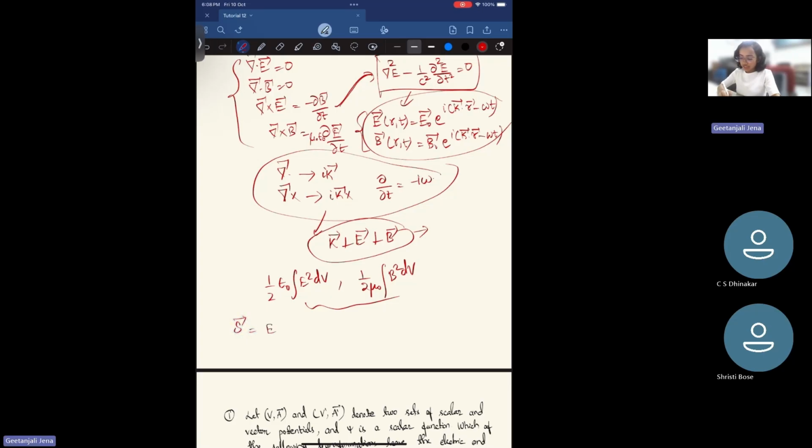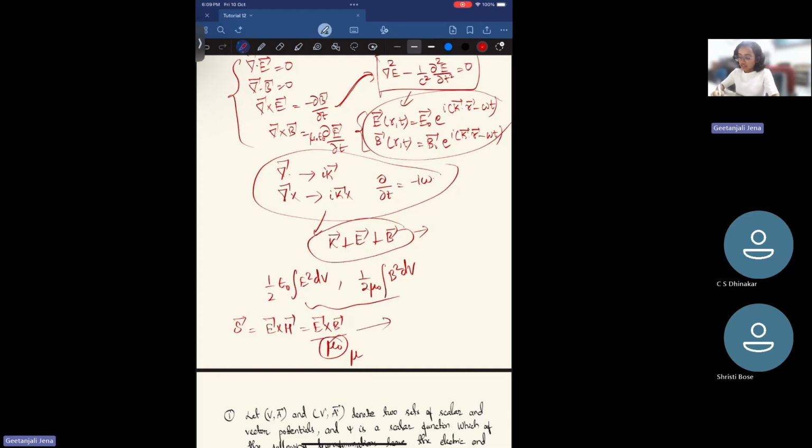So this, by definition, is E cross H, or you can write it as E cross B by mu naught for the vacuum condition, or in the general case, mu, the permeability of the medium.